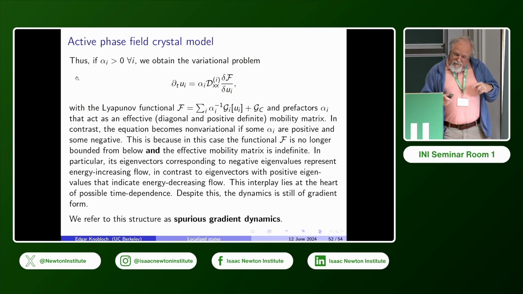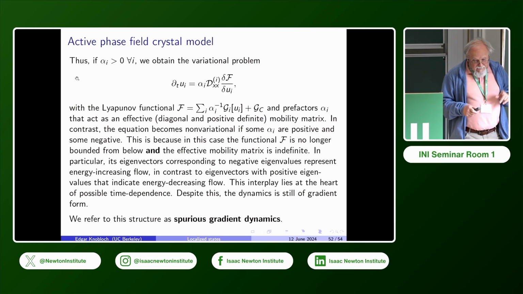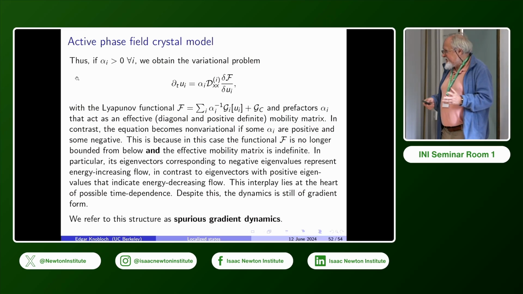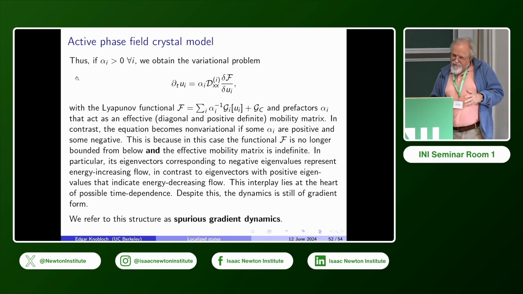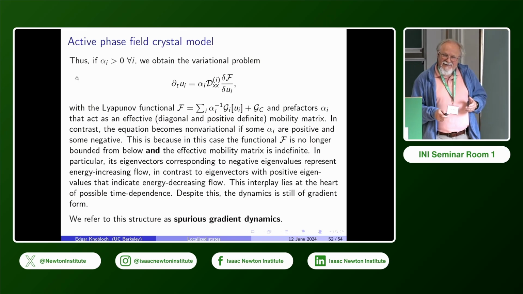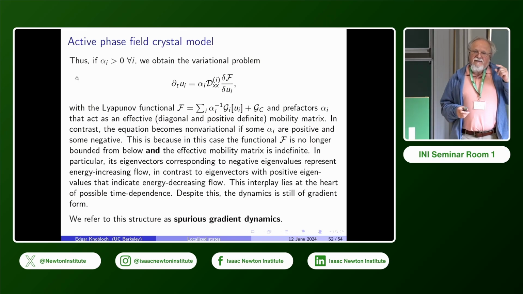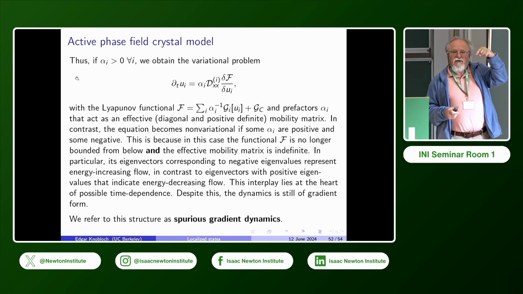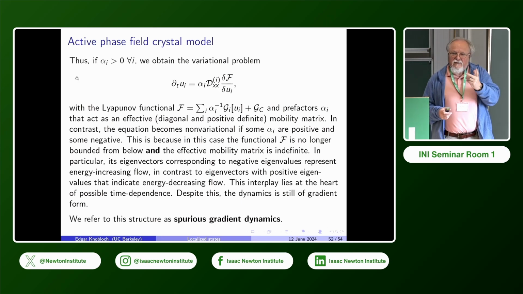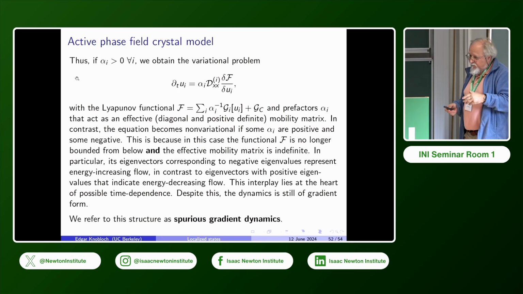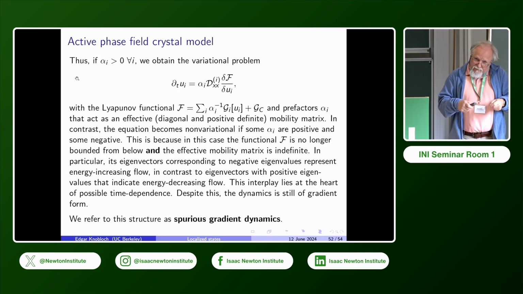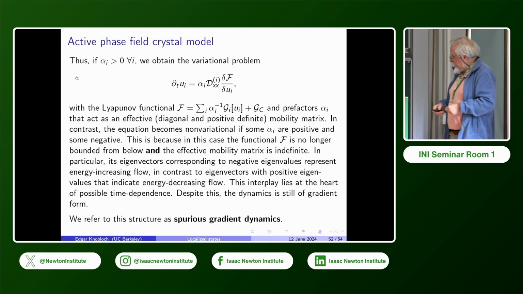If some are positive, some are negative, then it's a problem. It looks like you have a gradient system, but it's a bottomless gradient system, because there are some directions along which you give up energy, but there are other directions along which you can gain energy. And that, of course, is something that you need in order to get persistent time dependence.